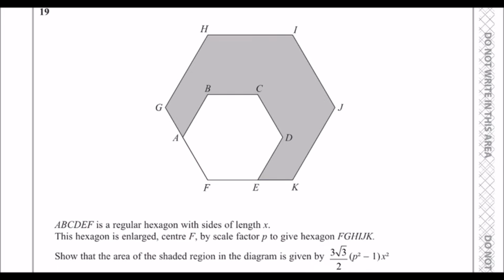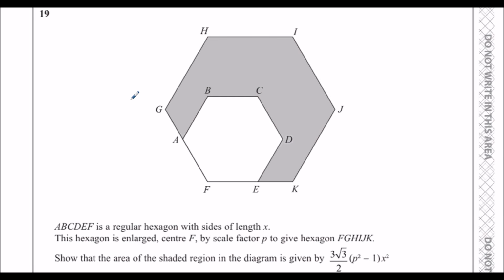Question 19. So ABCDEF is a regular hexagon with sides of length x. So ABCDEF, that's our smaller hexagon. The hexagon is enlarged, center F, by a scale factor P to give the bigger hexagon, FGHIJK.